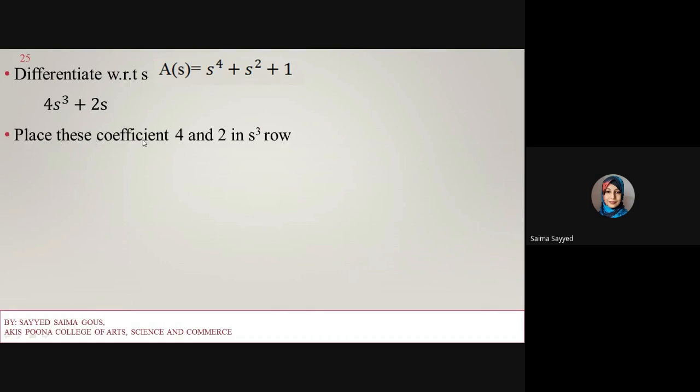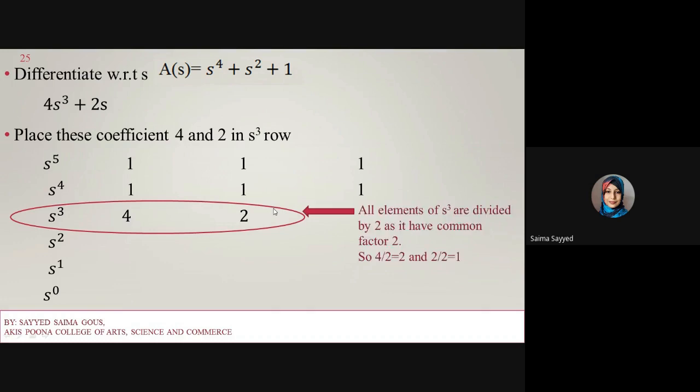Now place these coefficients 4 and 2 in the s cube row. So s cube will become 4 and 2. Now again all the elements of s cube are divided by 2 as they have common factor 2. So 4 divided by 2 will be 2, and 2 divided by 2 will be 1.